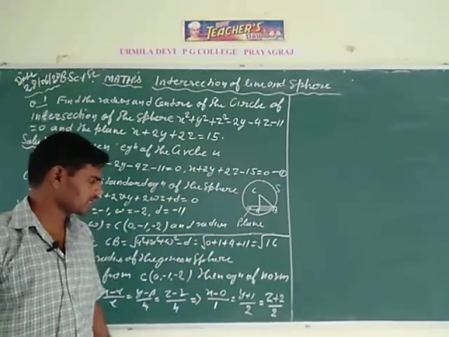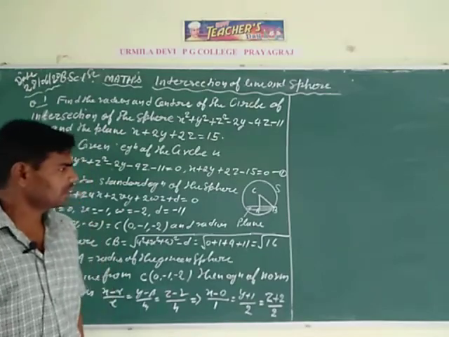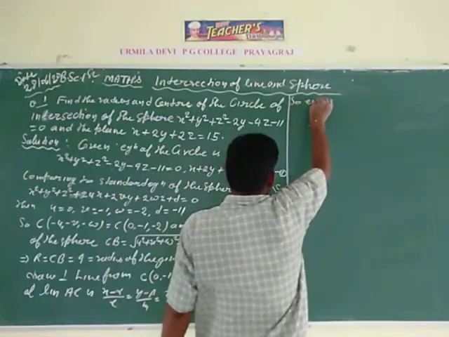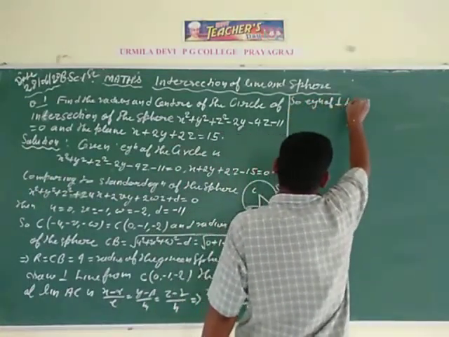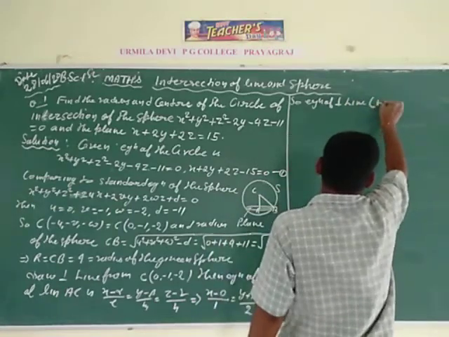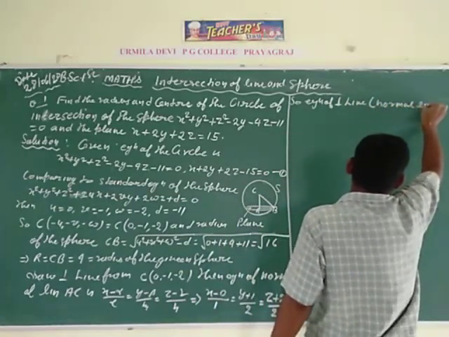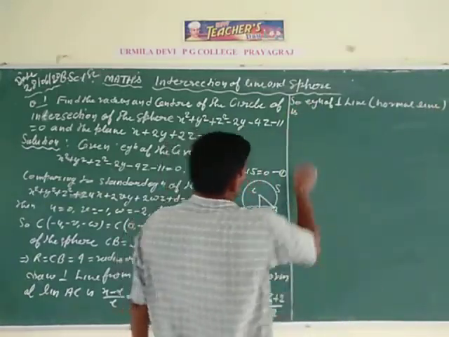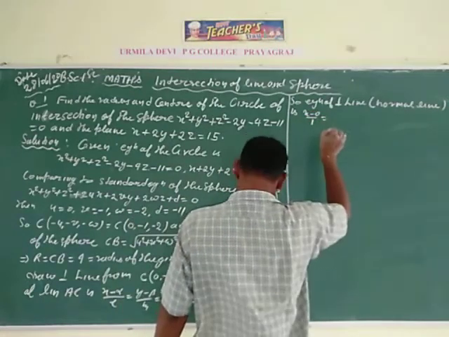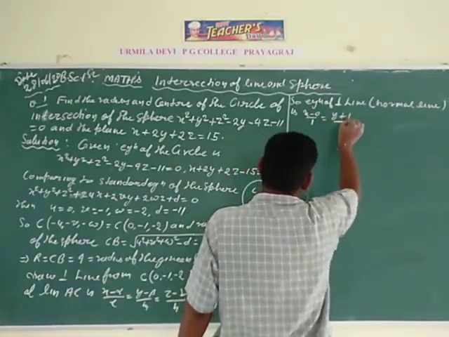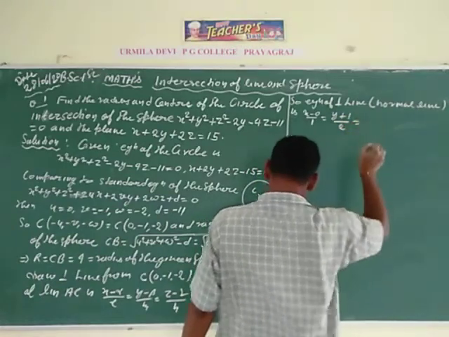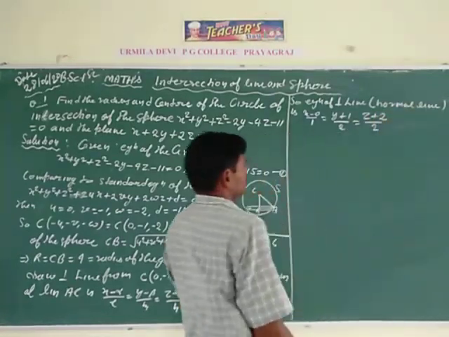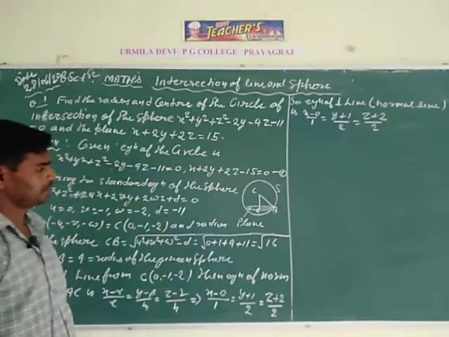This is the equation of the straight line, meaning the straight line AC, the normal line AC. So the equation of the perpendicular line, meaning the normal line, is x minus 0 by 1, y plus 1 by 2, and z plus 2 by 2. This is the equation of the straight line AC.